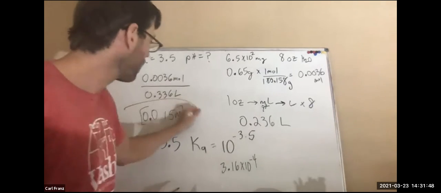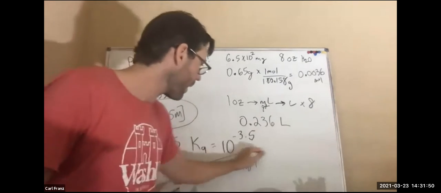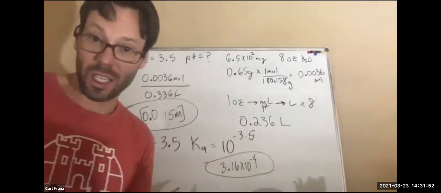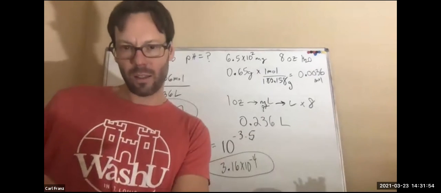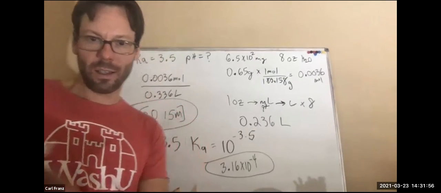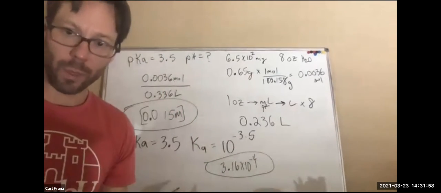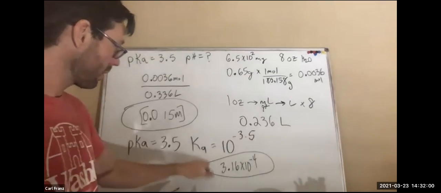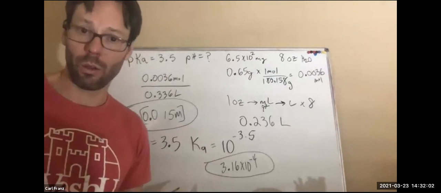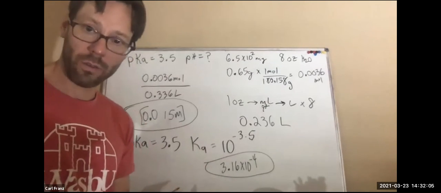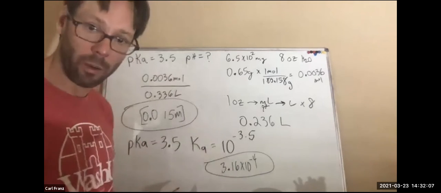So now we've gotten our information that was given to us in a convoluted sense, and we've manipulated it to get the right conditions that we can use to solve for pH right here.